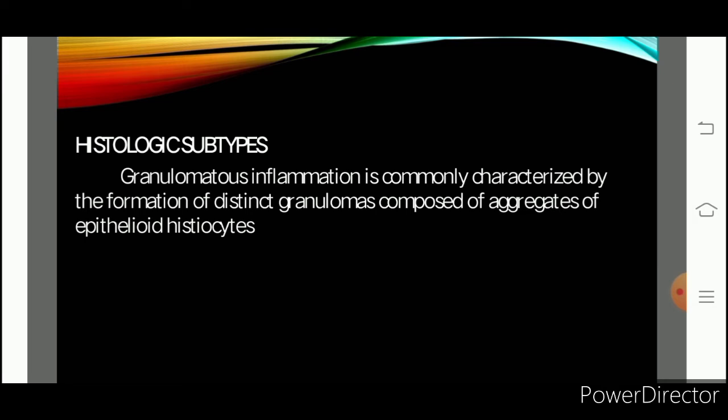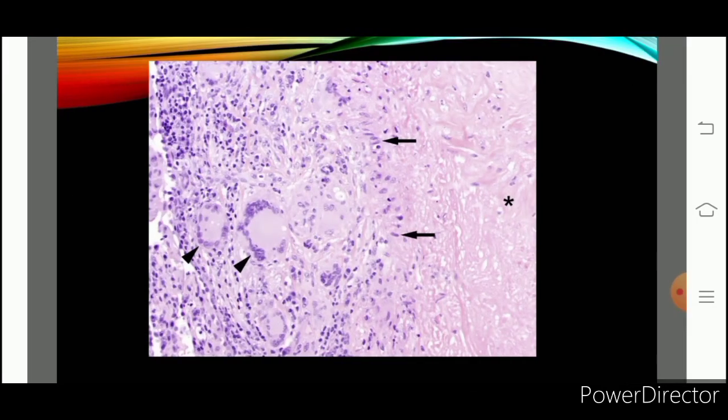So granulomatous entities can also be separated into organ systems that are typically affected, such as the lung, skin, kidney, liver, and lymph node. So this is how granulomatous inflammation looks like.